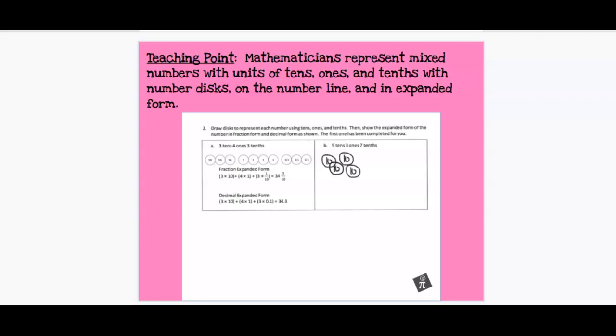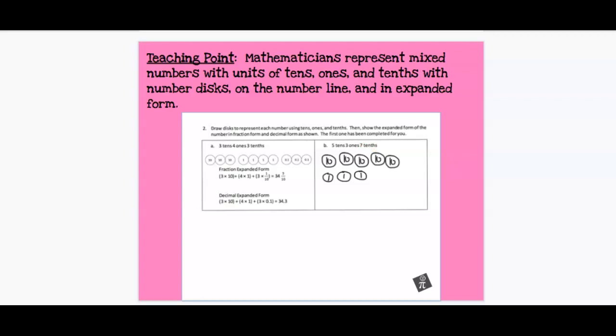And so there's our 5. And then we need 3 ones, because it says so right there. So we need 3 ones. So 1, 2, 3. And then we need 7/10.